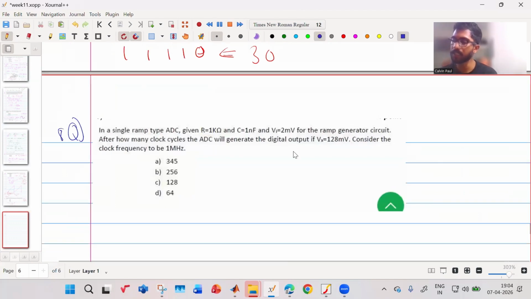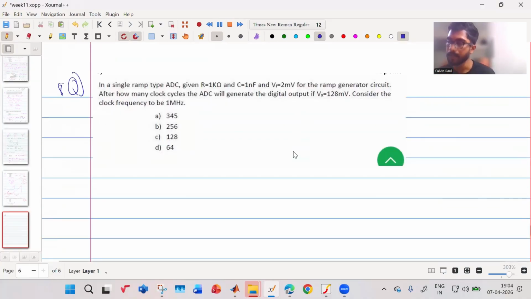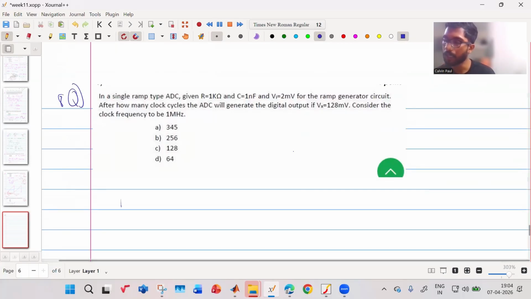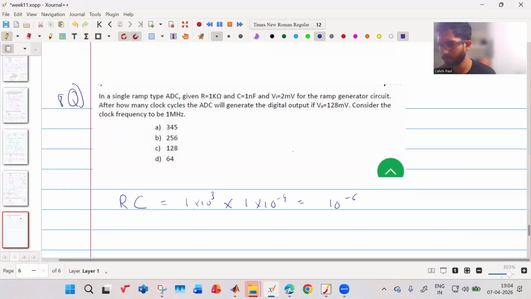After how many clock cycles will the ADC generate a digital output if Vx is 128 millivolt? Okay. So R and C. What's the time constant? 1 kilo ohm, 1 into 10 to the power 3, into 1 nanofarad, 1 into 10 to the power minus 9. That is 10 to the power minus 6 seconds, right?